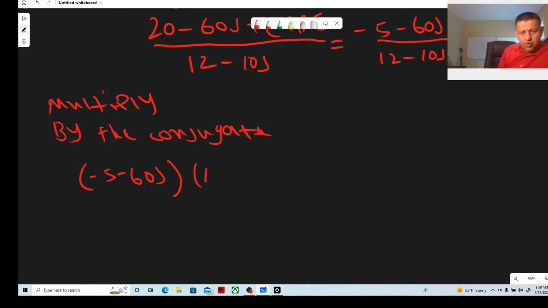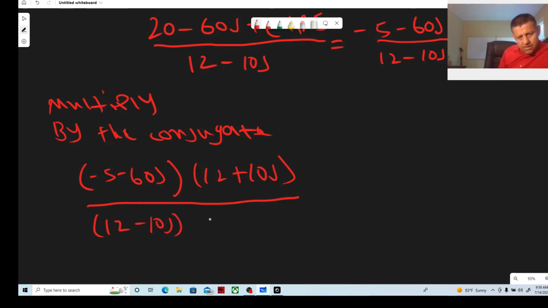So I have to do 12 plus 10j on the top, and on the bottom I have to do 12 minus 10j times 12 plus 10j.